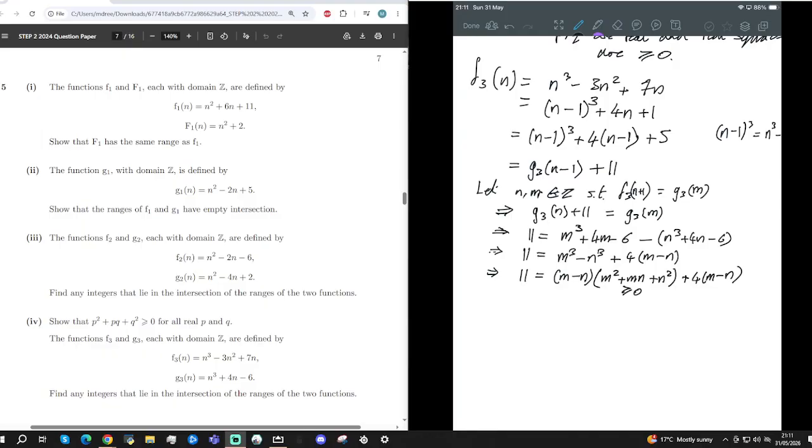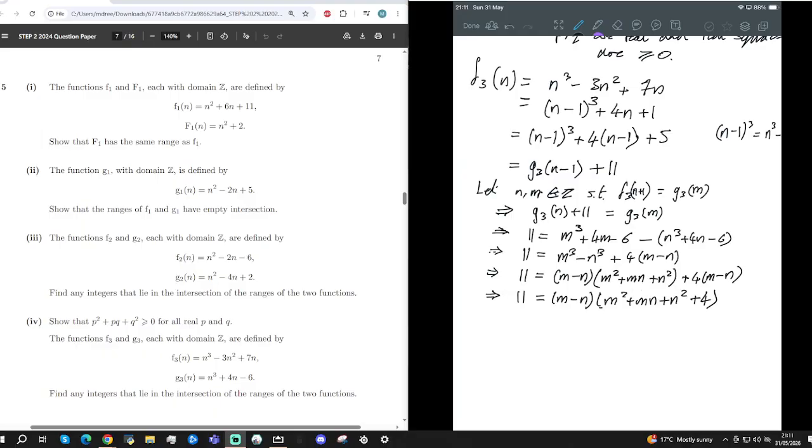Now we don't know really anything about m minus n in terms of its size, but maybe we can do some more. Another trick which I'm employing here is, because we're in the world of integers, we can actually think about the factors of numbers. So we get this, and we've written 11 as a product of two brackets.